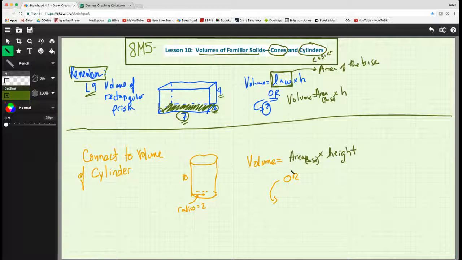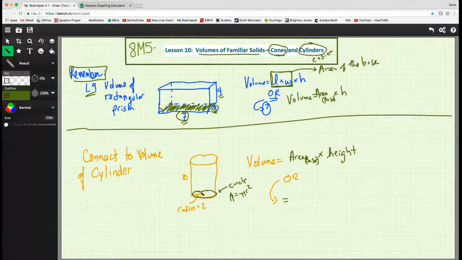So the volume of this cylinder is, what is the area of the base? What is the area of this thing? That's a circle, if you look at it straight up and down. The area of a circle is equal to pi r squared.